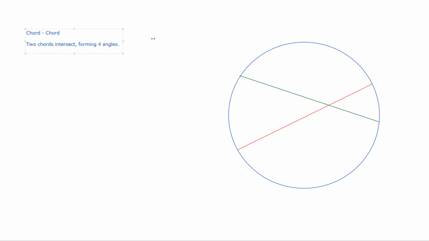Now, I hope you remember that this angle must equal this angle because they're what kind of angles?